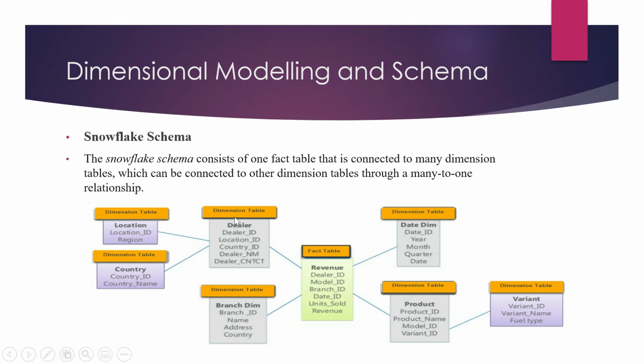In the dealer dimension table, you can see that we have a location, so the location ID is also populated here. That location ID is a foreign key for this particular table, and the primary key for the location dimension table. Whenever you see that a fact table is surrounded by different dimension tables, and those dimension tables are also surrounded by different dimension tables, we call that kind of schema a snowflake schema.